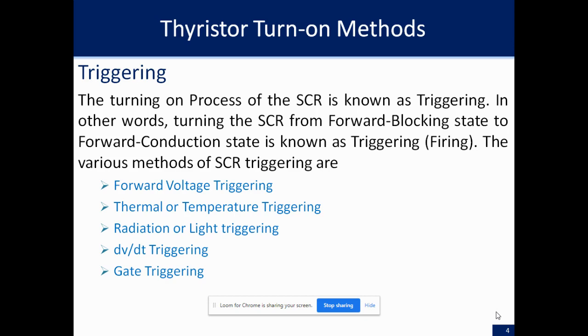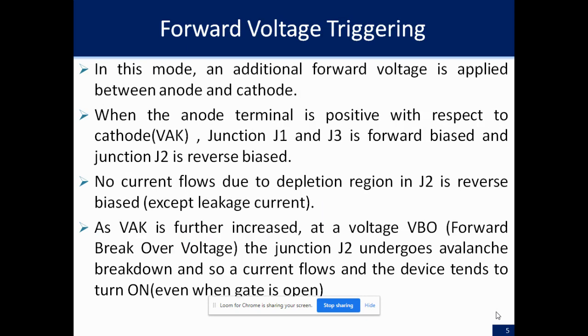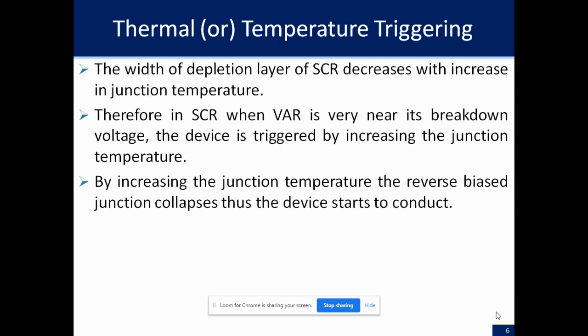Triggering, as you know, is a mode of turning on. In forward voltage triggering, as your VAK is increased to a particular voltage called VBO, the junction J2 undergoes an avalanche breakdown. As the current flows, the device tends to turn on. The takeaway point is, as your VAK increases above the breakover voltage, SCR conducts.